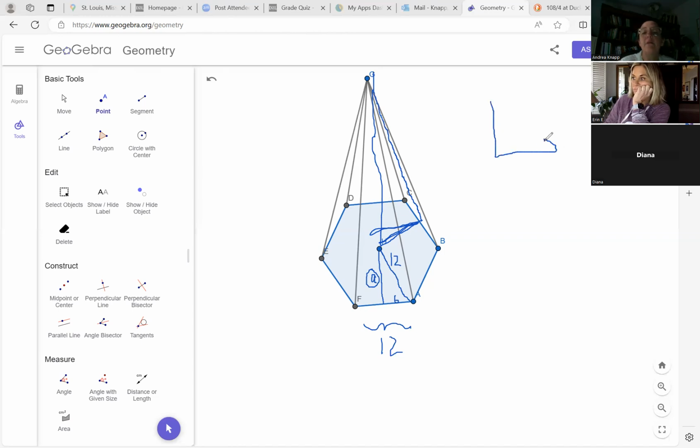Here's a side view of it, where we have the apothem, and the slant height that we had to calculate using the Pythagorean theorem. So first we had to find the apothem, and then find the slant height, then you could put everything into that huge surface area formula.